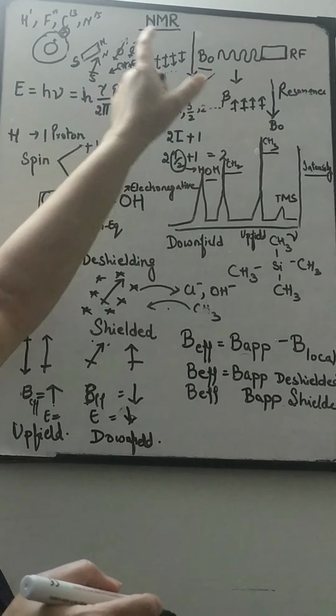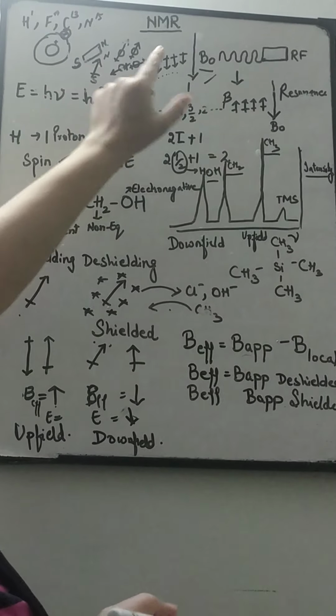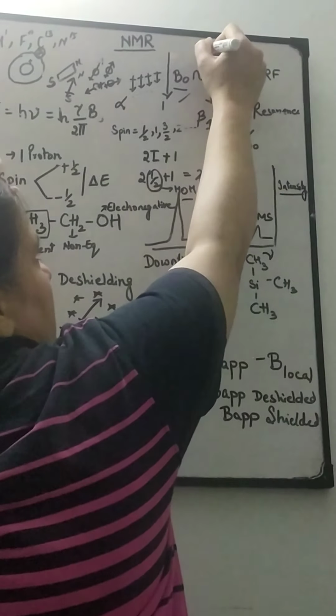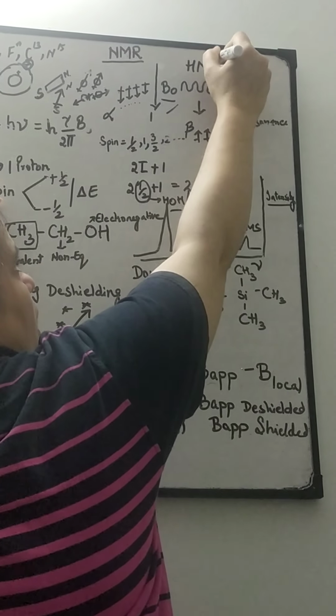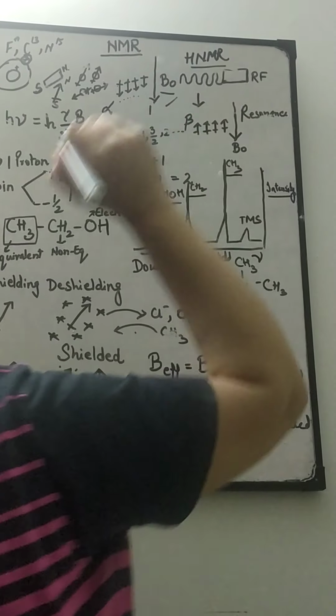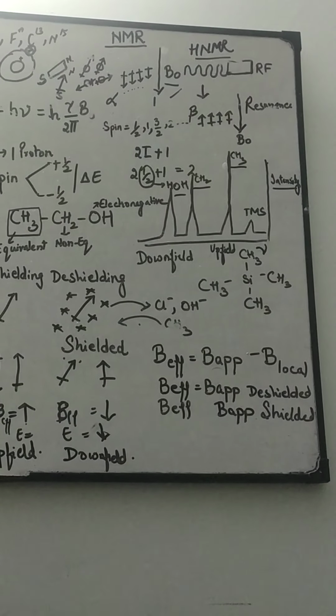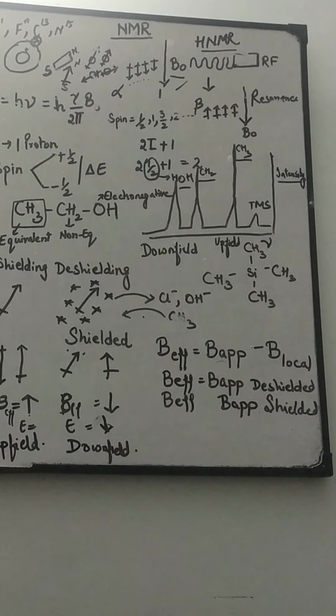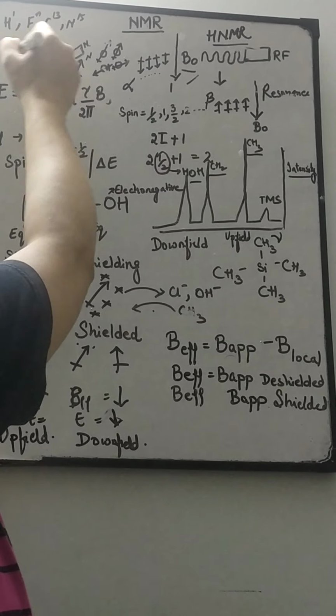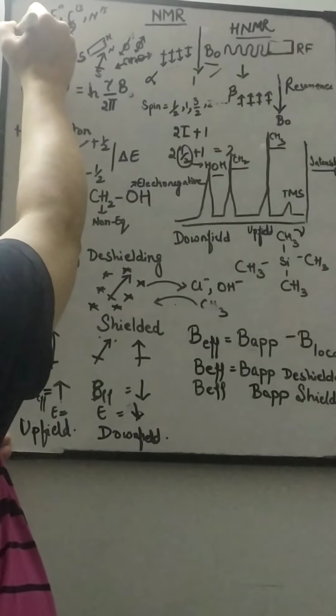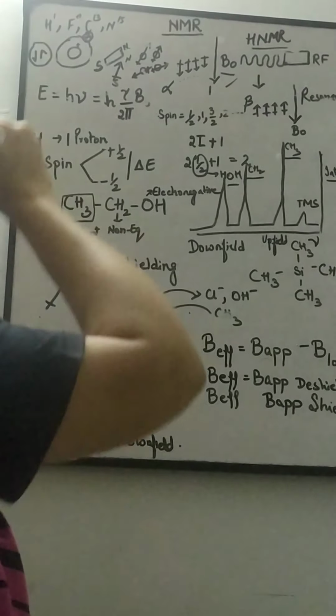This is the simplest case of nuclear magnetic resonance, also represented as HNMR or NMR for the protons. Now, we know that all electrons have certain spin states, and electrons in each orbital will be like this.